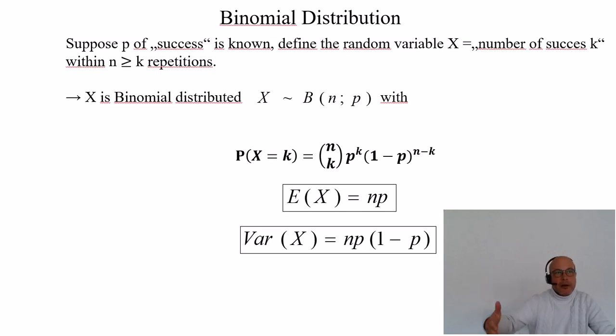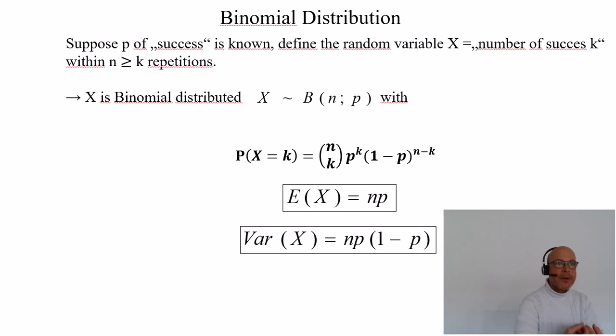So think of throwing a dice, and success should be a 6 and all other numbers should be a failure. So the probability to have a 6 is then 1 over 6. The probability for the failure is then 5 over 6.